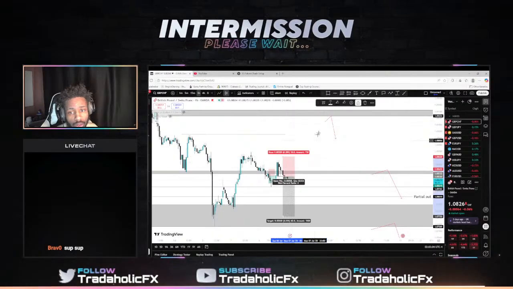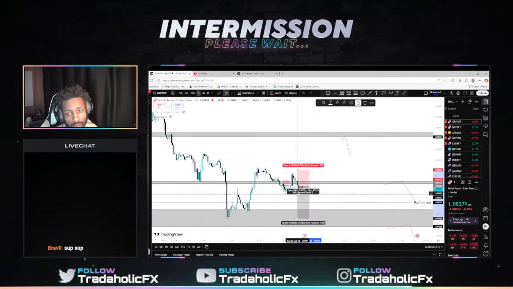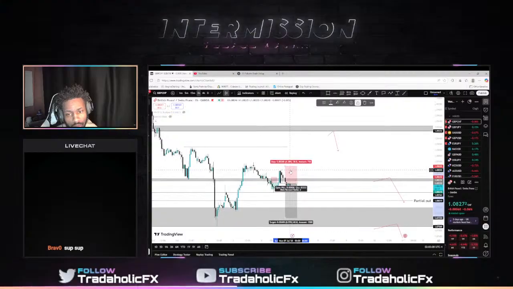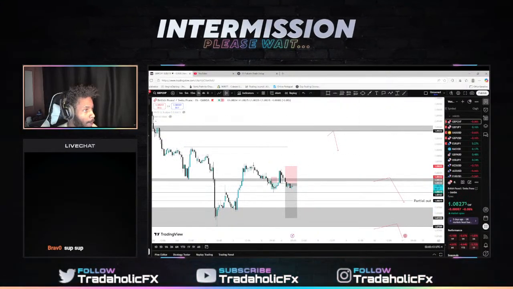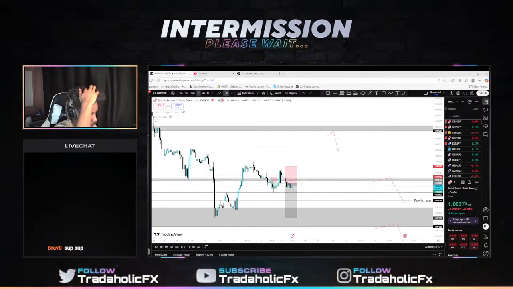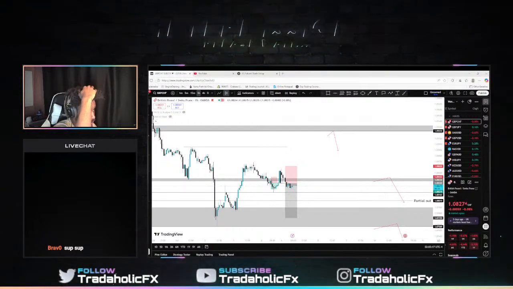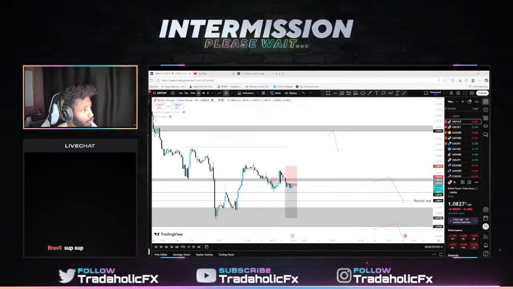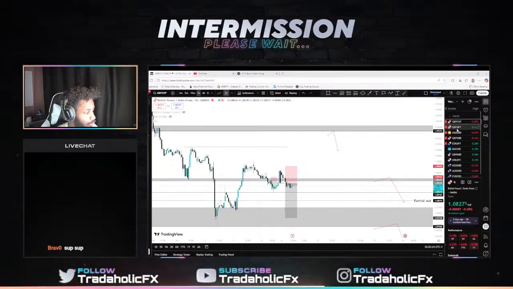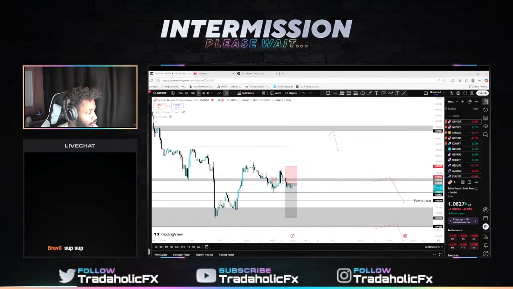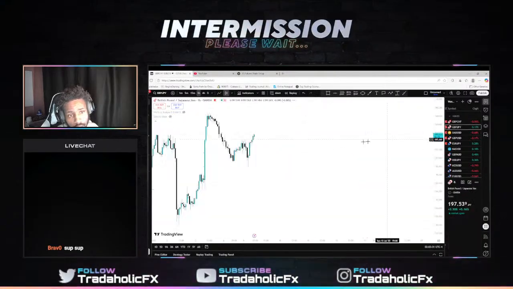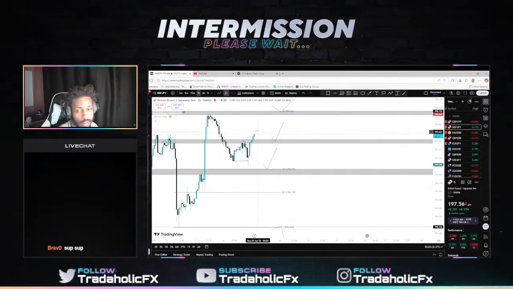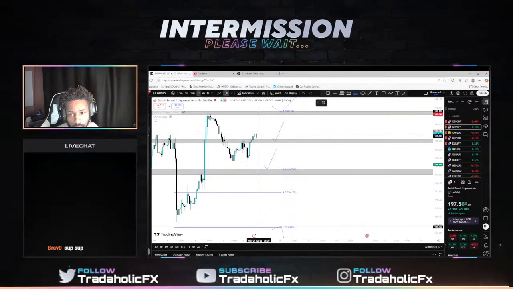All right, I'm gonna close this here at break even. I'm gonna close my GBP CHF at break even, and I'm gonna get into GBP JPY buys. I like these buys better than I like the sells. This is the higher probability setup.